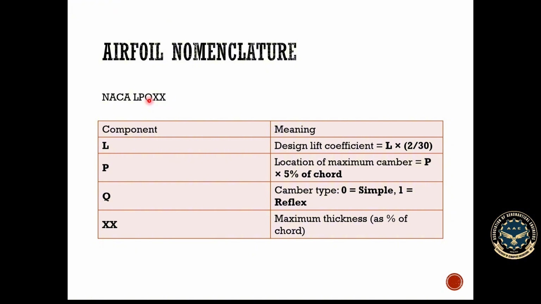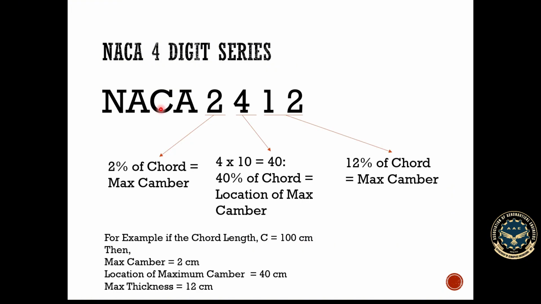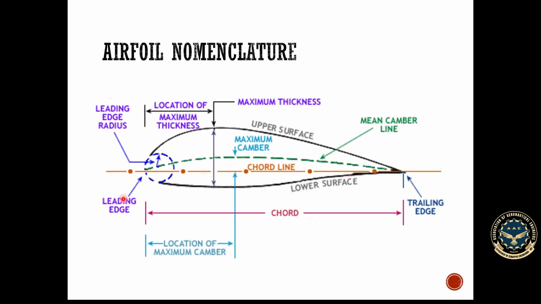This is an interesting digit because it tells what type of airfoil it is. If Q is 0, then it's a normal airfoil. If it is 1, then it's a reflex type airfoil. Here you can see this is a normal airfoil because it has a regular camber. The green line is just a normal camber with normal curvature. Then what is a reflex airfoil?